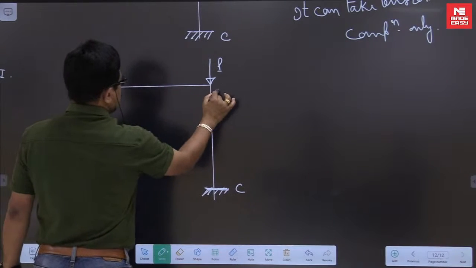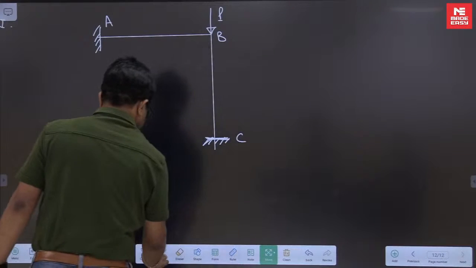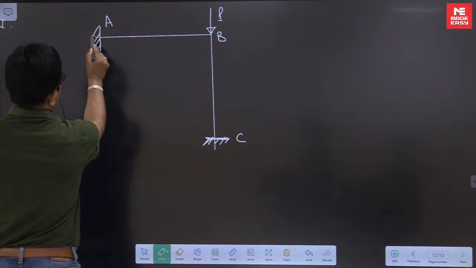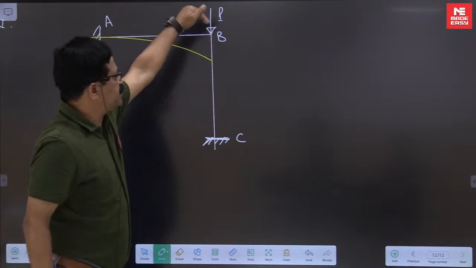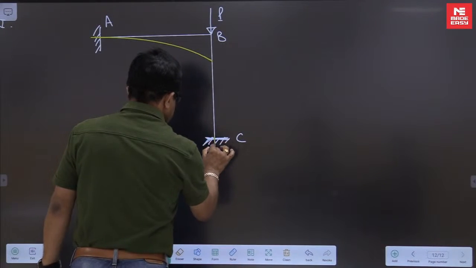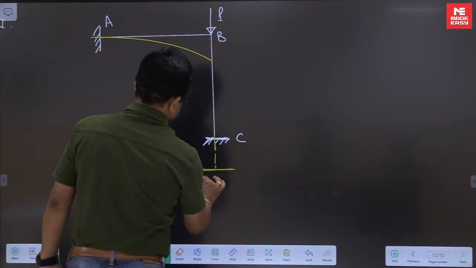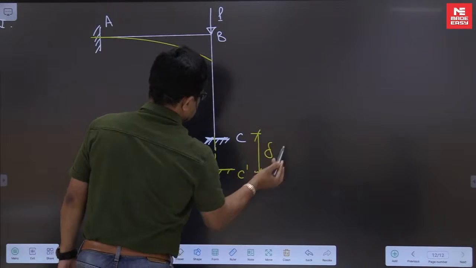This point, let us say A, B, C. It will deflect like this. The 90-degree angle will not be maintained, it simply goes down. Delta.